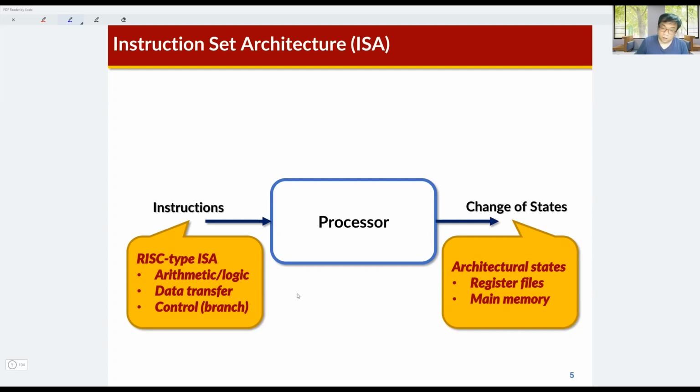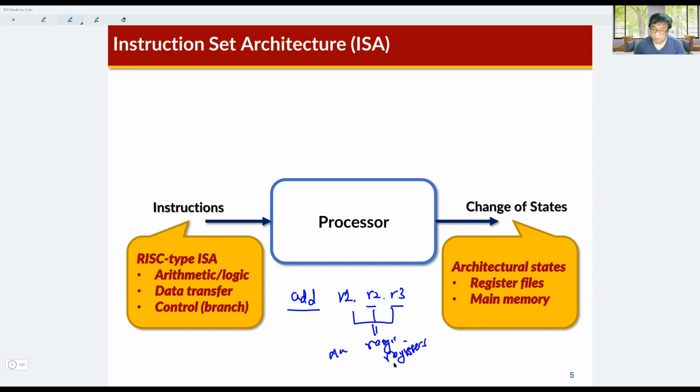Like add R1, R2, R3, where R1, R2, R3 just mean data in registers.